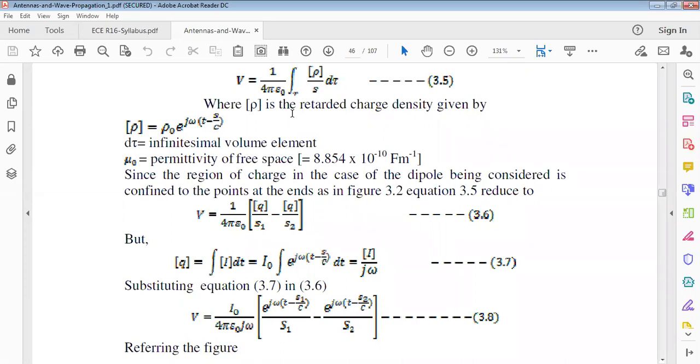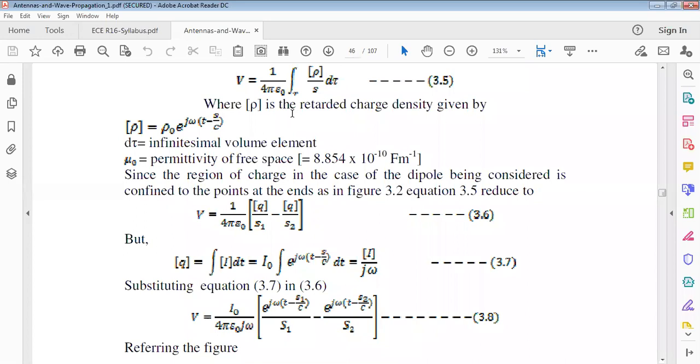That's why we have to consider the retarded magnetic potential A. How do we obtain that magnetic potential? We consider the expression del cross A equals B, which is the fundamental relation between magnetic flux density and magnetic potential A.